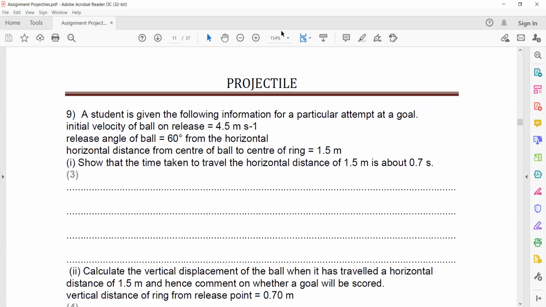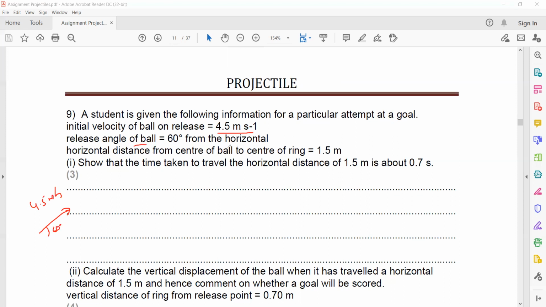Another projectile question. A student is given the following information for a particular attempt at a goal. Initial velocity of the ball is 4.5 and the launching angle is 60.